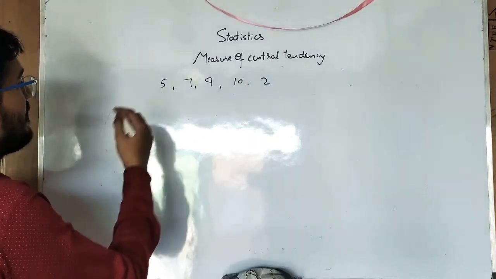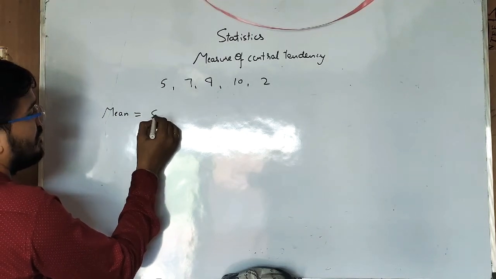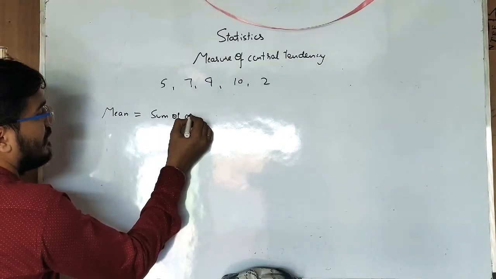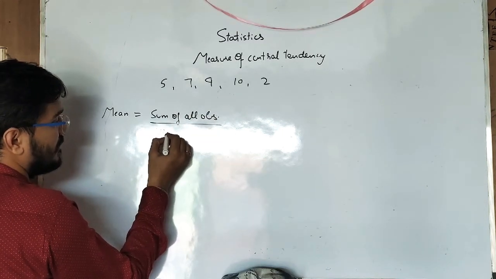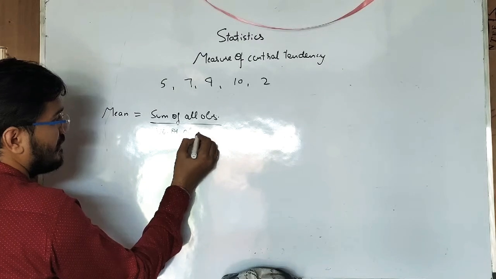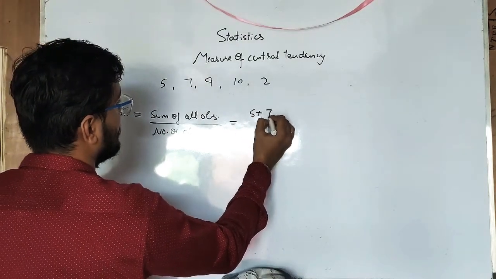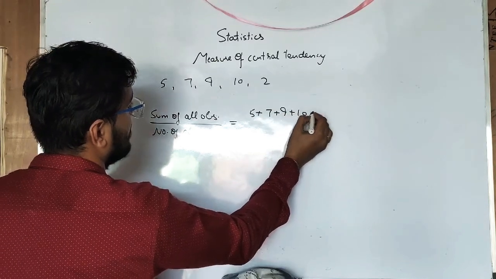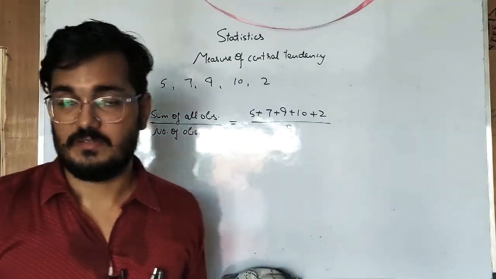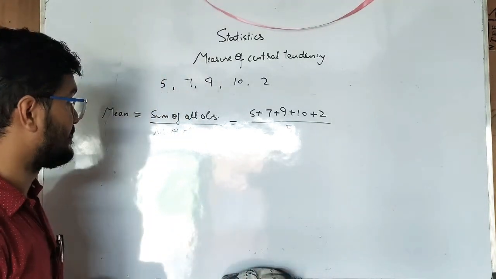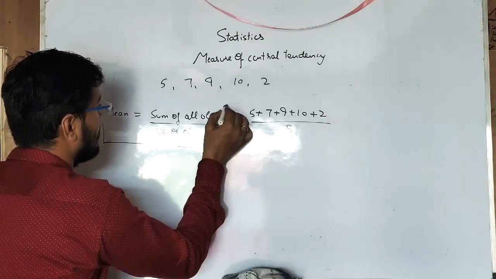The mean formula is the sum of all observations upon the number of observations. Whatever observations we have, we add the values and divide by the total number of observations, which is 5. This is the basic formula for mean.